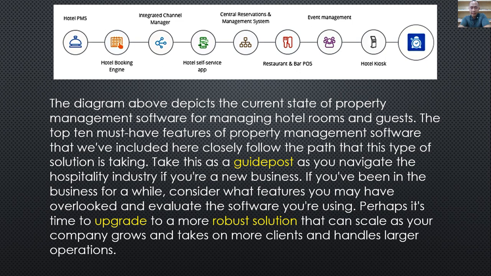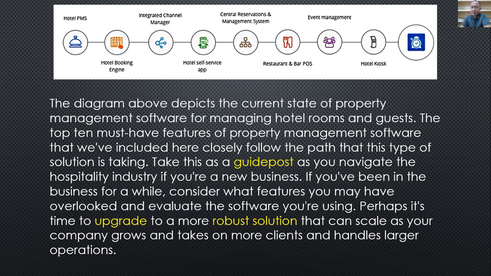Okay, so the top 10 must-have features of the property management software that were included here closely follow the path that this type of solution is taking. So it's a step-by-step process. Take this as a guidepost as you navigate the hospitality industry if you are a new business owner, and also if you are new in leasing a condominium property.